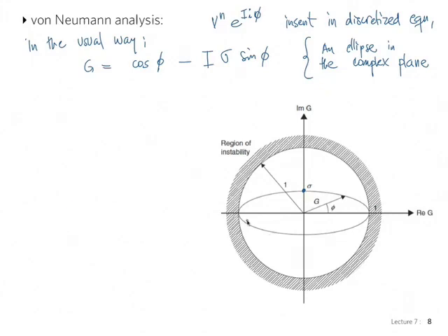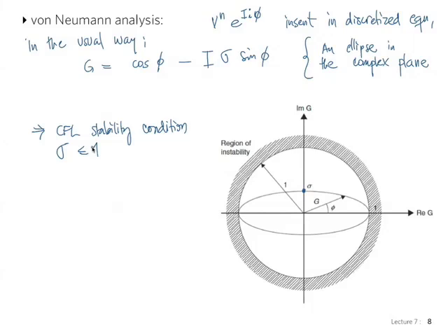So it's an ellipse centered at the origin, but you see that the major axis is 1, the minor axis is sigma, and therefore the CFL condition applies again. Which is simply that sigma has to be less than 1.